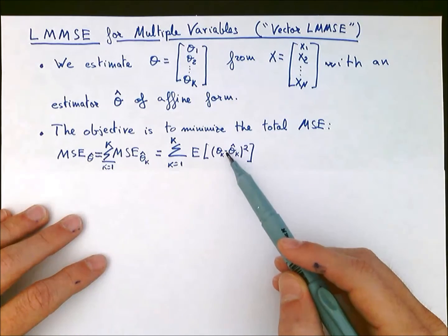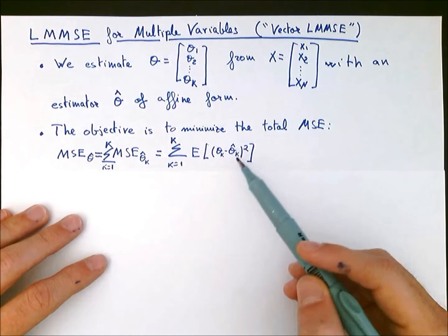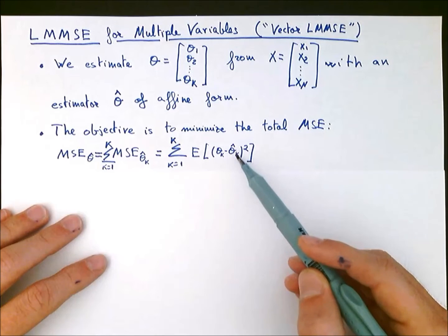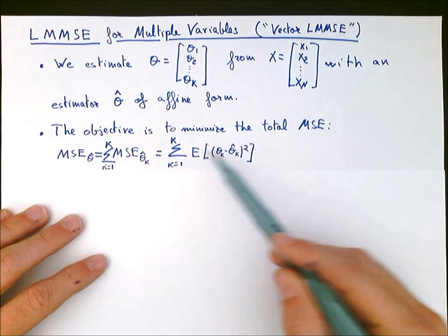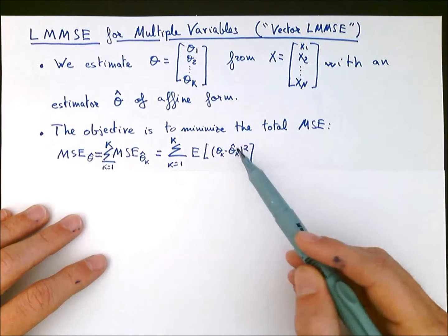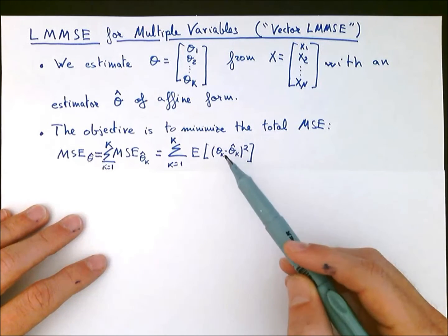If we want to do so using linear operations only, then the estimator for each k that minimizes the mean squared error is going to be the linear minimum mean squared error estimator, the LMMSE estimator that we have discussed before.